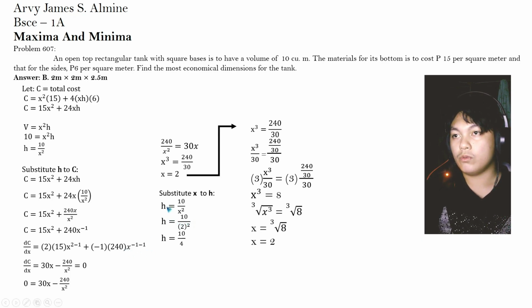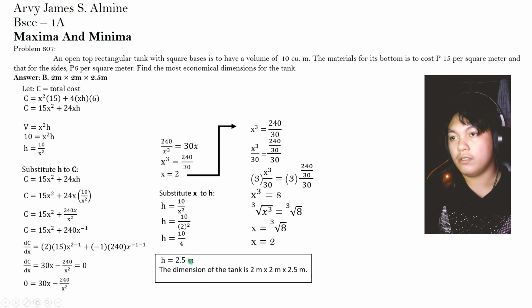Now, let's substitute x to h. h is equal to 10 over x squared. Let's put 2 in for x. We have 10 over 4. Now let's divide 10 divided by 4. We have h is equal to 2.5 meters.